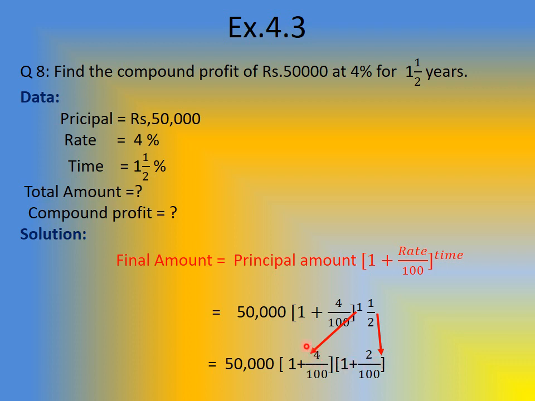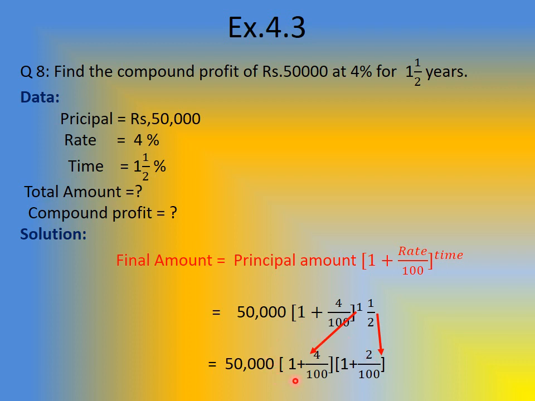So this is the part to find the value for 1 year, and this is the part to find the value for the remaining half year. Why do we have the rate as half, 2? Because it is a half year. The rate is 4. When we halve our rate, it becomes 2.